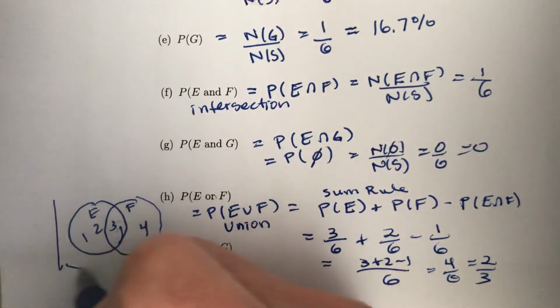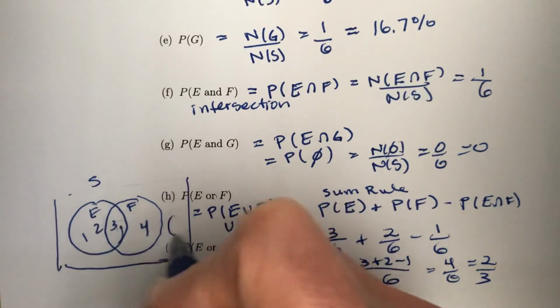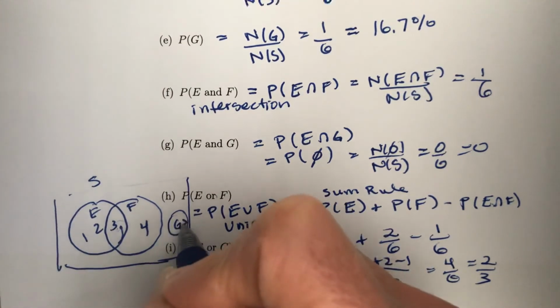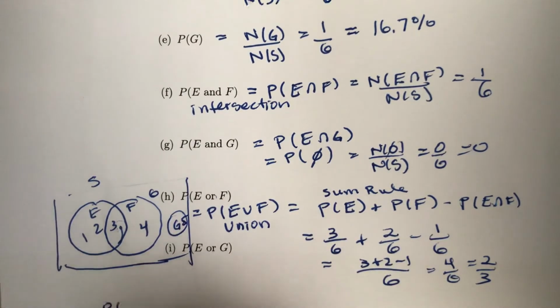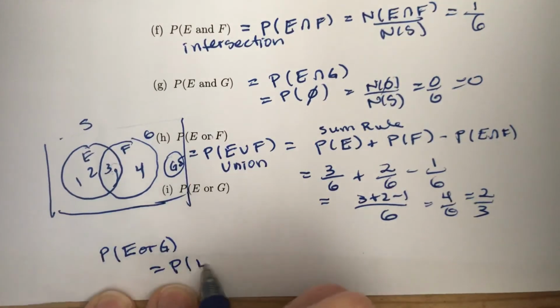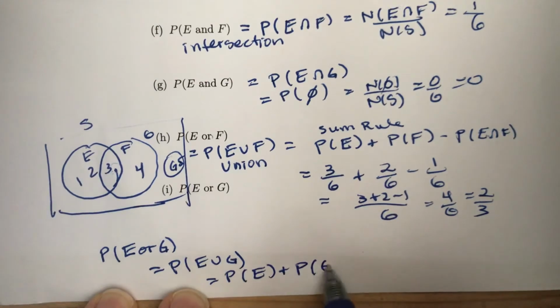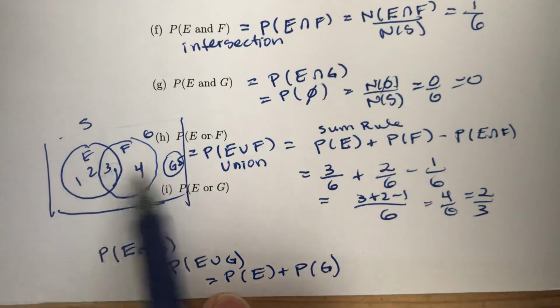Let's actually just make the rest of this. Let's make G a little smaller now. It's the same picture as above. Okay, the probability of E or G is the probability of E union G. Well, that's the probability of E plus the probability of G. But see, in this case, E and G are disjoint.